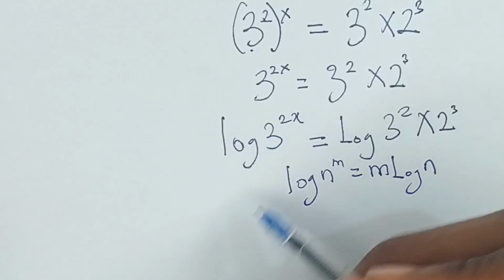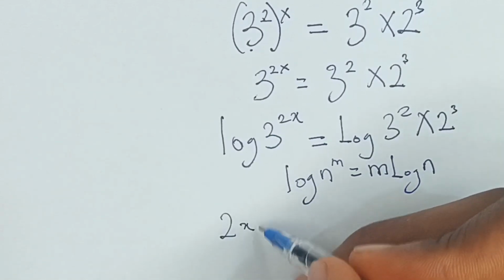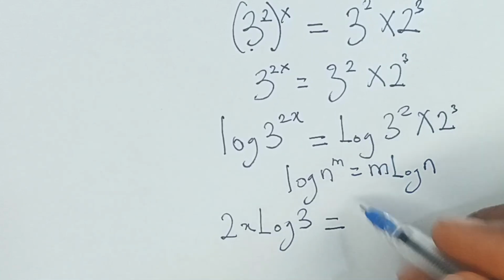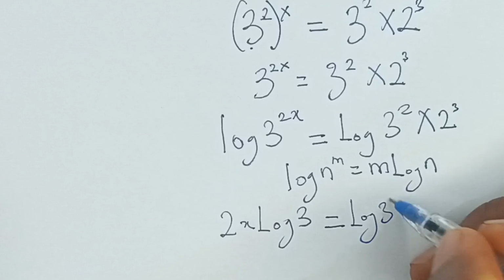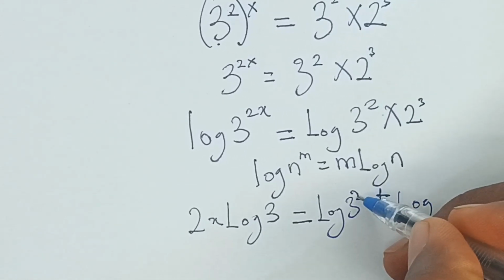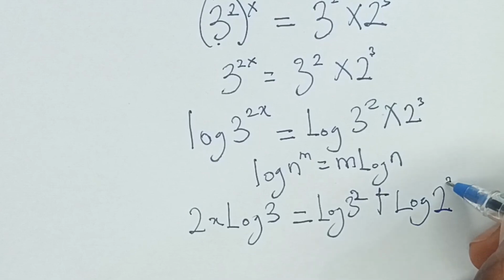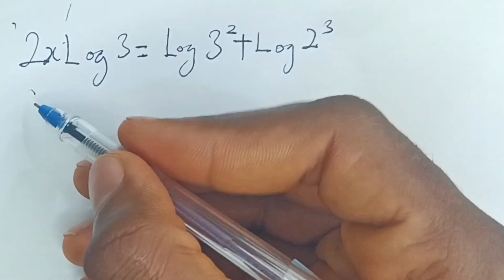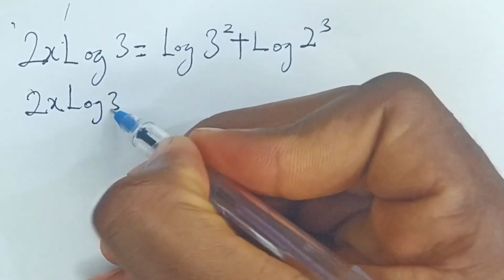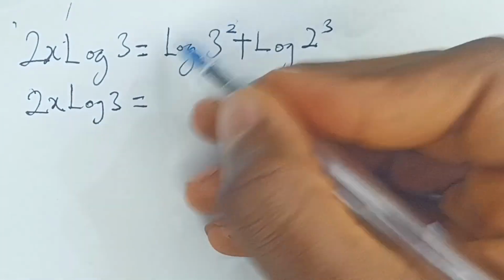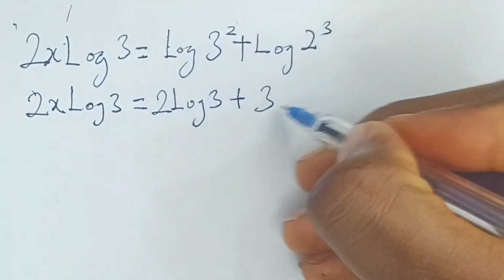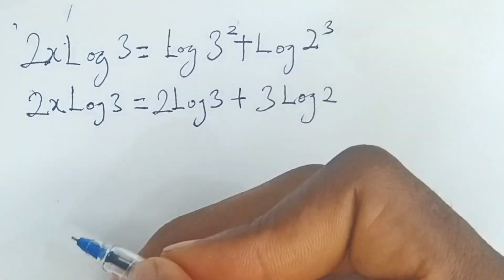So here we'll have 2x multiplied by logarithm of 3 to be equal to, on this other side, logarithm of 3 squared plus logarithm of 2 to the power 3. So moving on from here, we have 2x times logarithm of 3 to be equal to, this multiplies the log, so we have 2 times logarithm of 3 plus 3 times logarithm of 2.